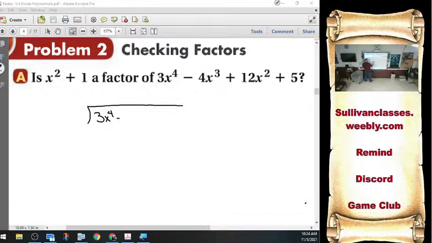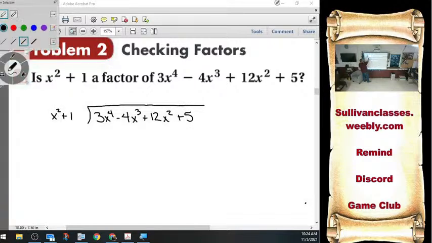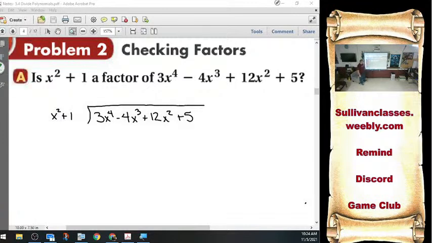Okay, so set it up. 3x to the fourth minus 4x to the third plus 12x squared plus 5, oof, divided by x squared plus 1. So 3x to the fourth, always leading terms, divided by x squared is 3x squared.